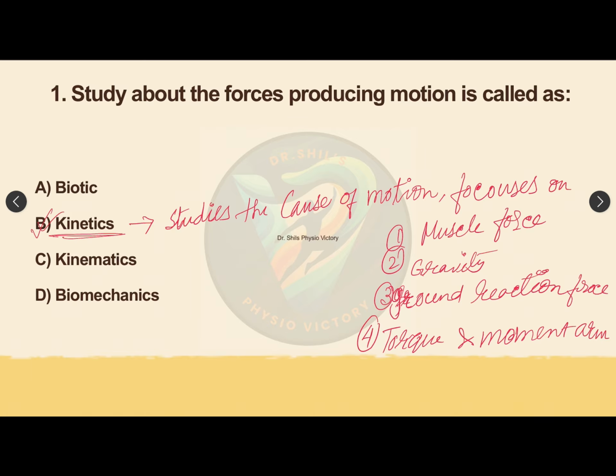Example: why does the elbow flex when the bicep contracts? That is basically kinetics.